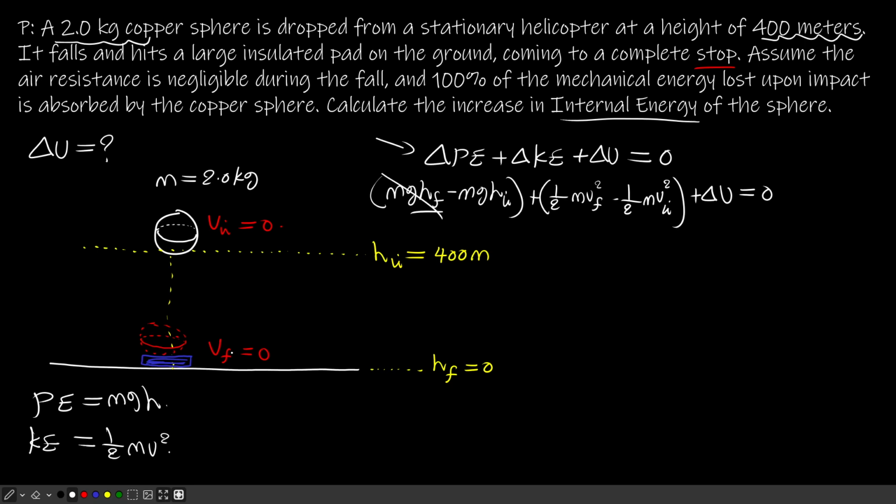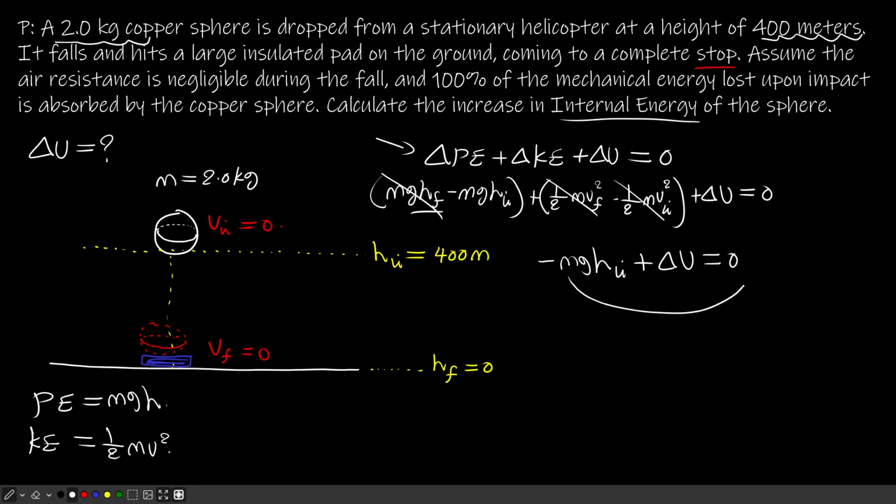Eventually it comes to a complete stop, so the final velocity is also 0. That means we can just cancel both. So what we are left with is negative mgh initial plus the change in internal energy is equal to 0.